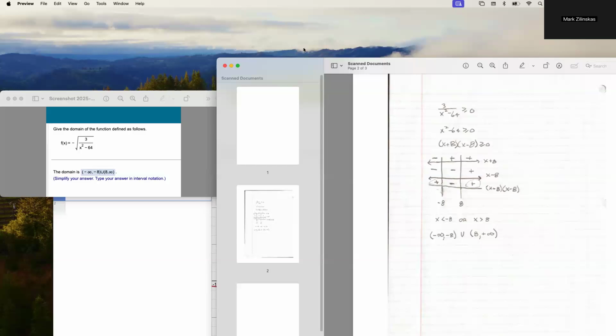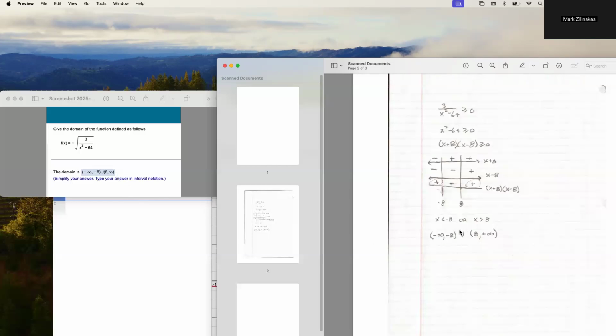Over here, then it asks me, it says, simplify your answer and type your answer in interval notation. So if I type this in, MyMathLab is going to mark it wrong, even though it's the correct solution. So what I'll have to do is get out that palette here and type in all of the symbols that would be required to do that.